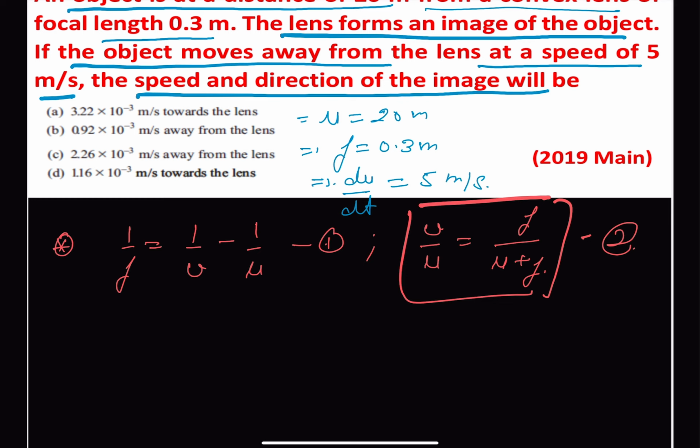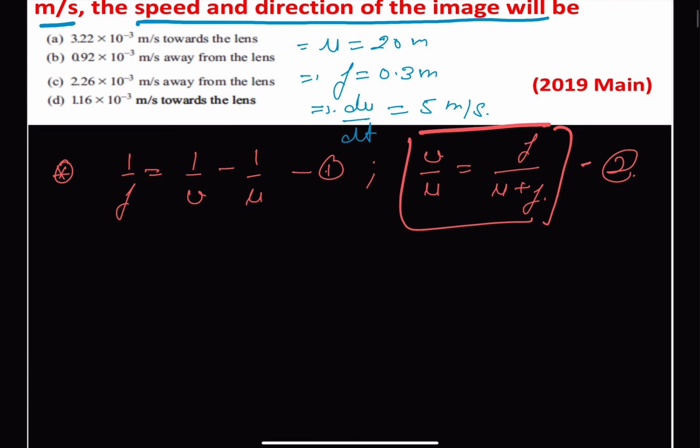Now if we differentiate equation 1, because we need to find out the velocity, we differentiate equation 1. Focal length will be constant, because lens is fixed.